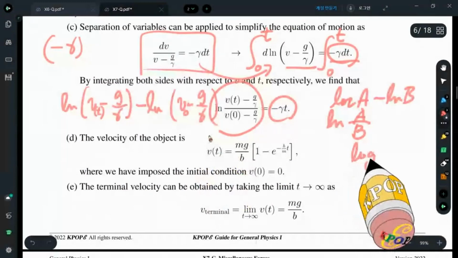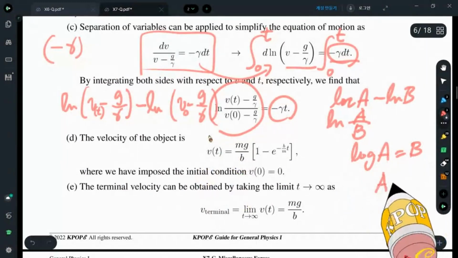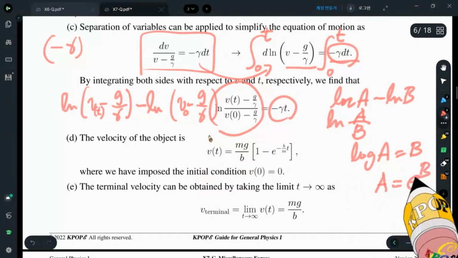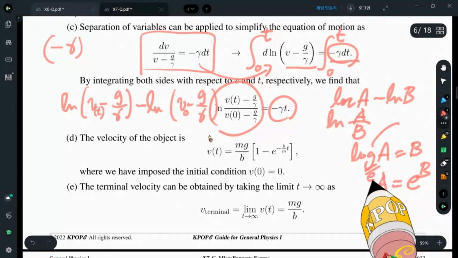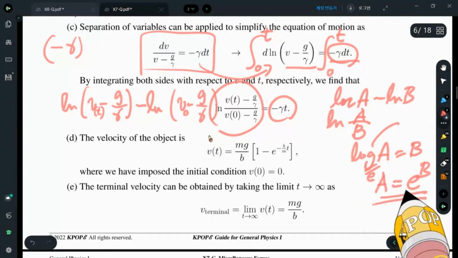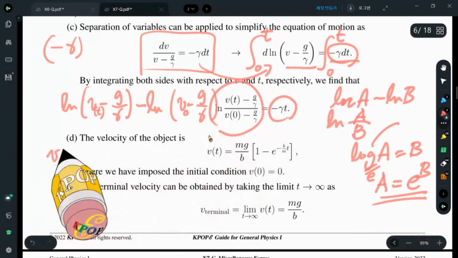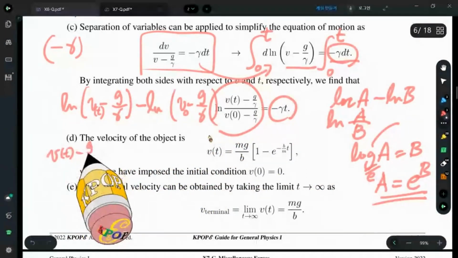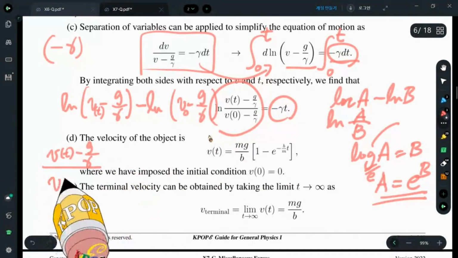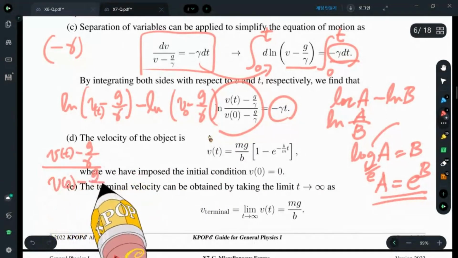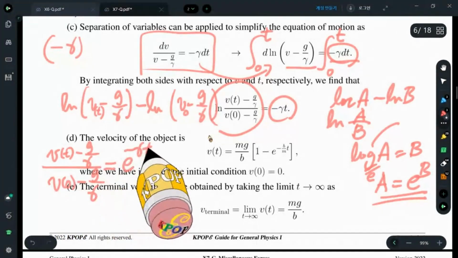Now we have log a equals b style, and your answer is a equals e to the b. This log is just whose base is e, right? So that's the reason. Finally, what I obtain is v of t minus g over gamma over v0 minus g over gamma equals e to the minus gamma t.